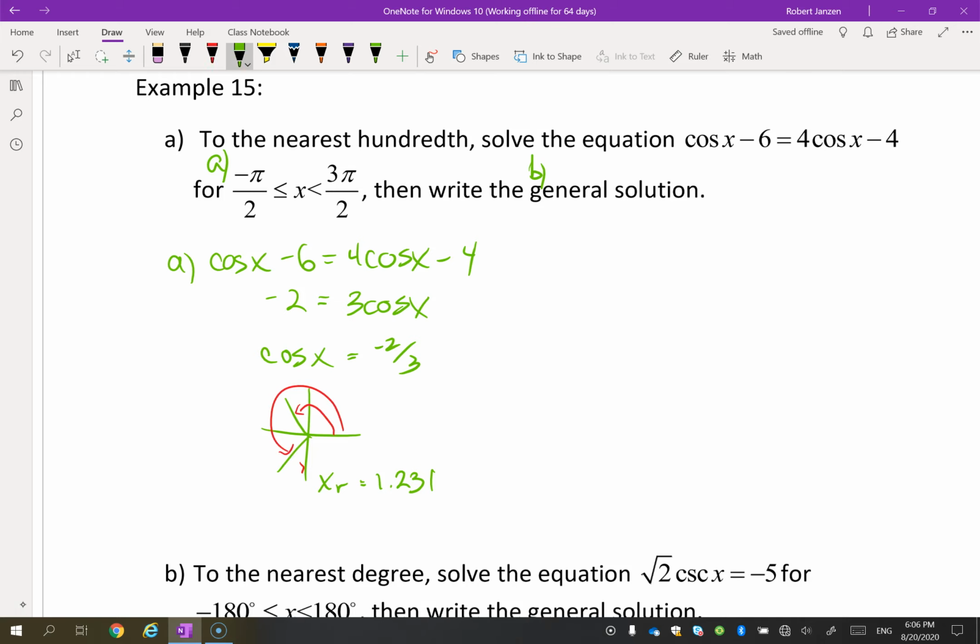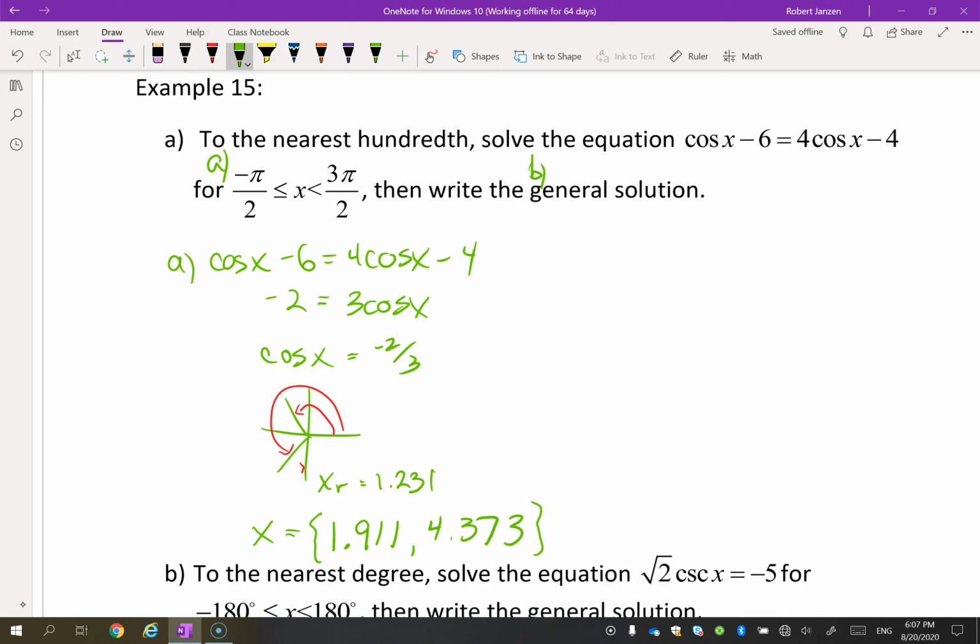Okay, so x would be, if I go pi, take away that reference angle, I get 1.911. And then if I add pi, I get 4.373.